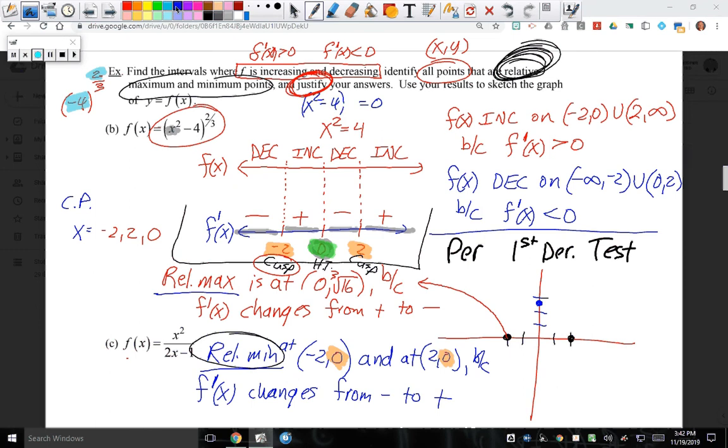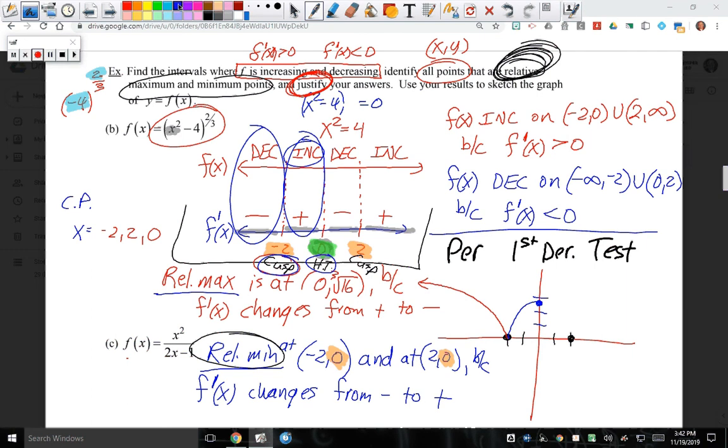Now, here we go. So that was this one right here. Now, between negative 2 and 0, from a cusp, I will increase to a horizontal tangent. There is a cusp at negative 2, but there's not a cusp at 0. Here we go.